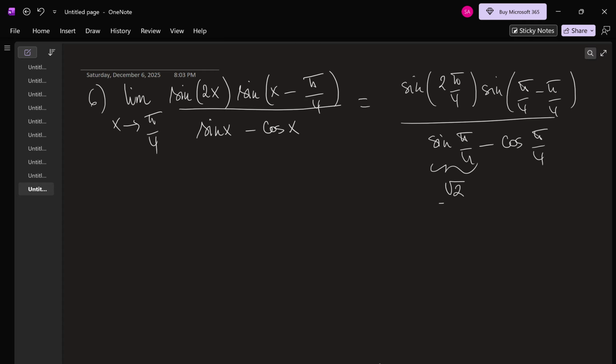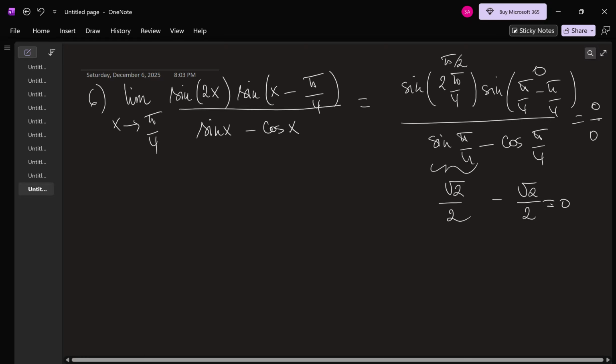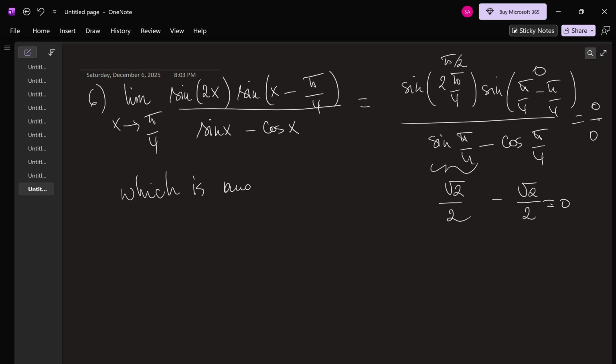So this is equal to square root of 2 over 2 minus square root of 2 over 2, which is equal to 0. And this one is sine 0, and this one is sine pi over 2. So we have 0 over 0, which is an indeterminate form.